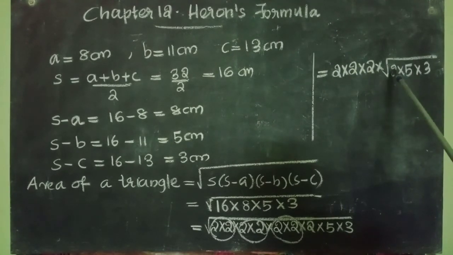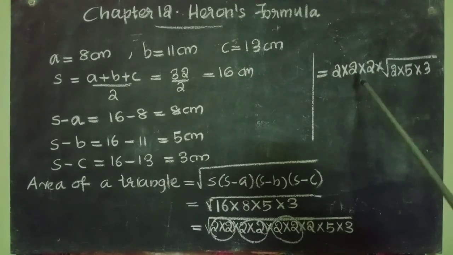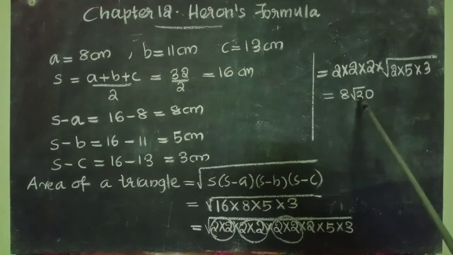The remaining are inside the square root sign. So we can write it as 2 into 2 into 2 into root of 2 into 5 into 3. That is equal to 8 root 30. So we got the answer.